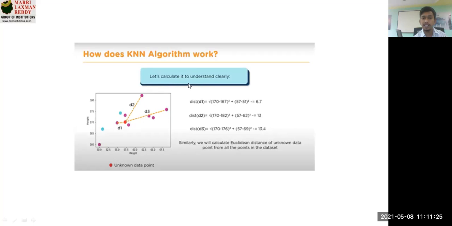You need to calculate the distance between the points. You can see the red point indicates the unknown data point, and the pinkish points indicate the data points which are already available in the given data set. You are calculating the distance between these points, D1, D2 and D3. As we said, 57 kg and 170 indicate x1, y1, and the rest of the values are x2, y2.